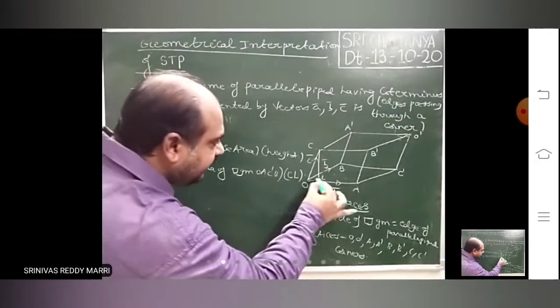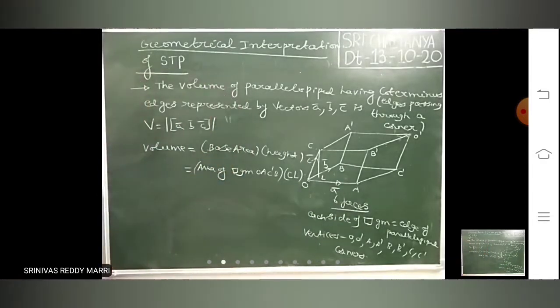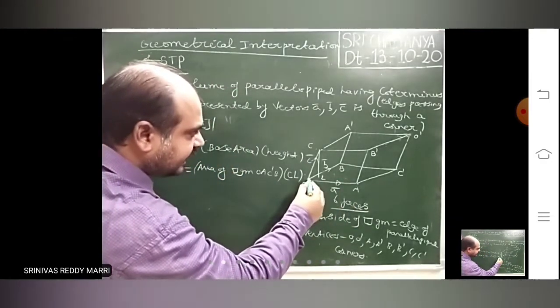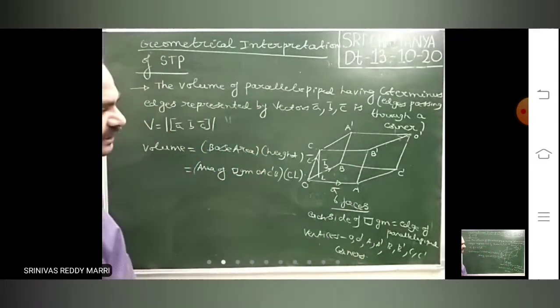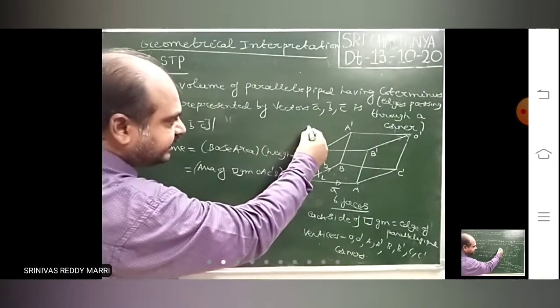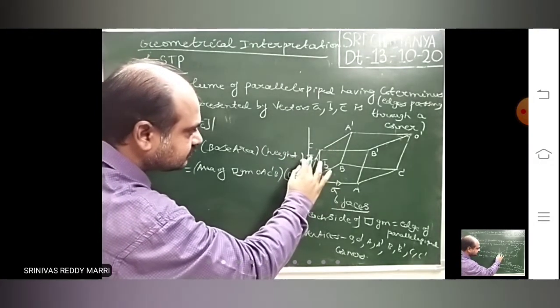Now look at A bar, B bar vectors. They are on your paper. Perpendicular to the plane of the base, take one unit vector like this.